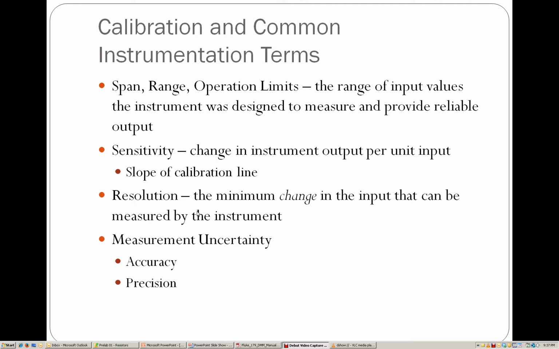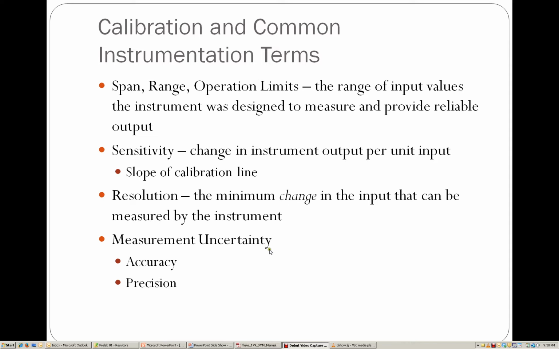So if we cannot see a significant change in the output voltage of our load cell by adding just a few tenths of a pound to our load cell, that defines our resolution, in that we need to increase the load by more than a tenth of a pound, for example, to be able to see an appreciable change in the output.